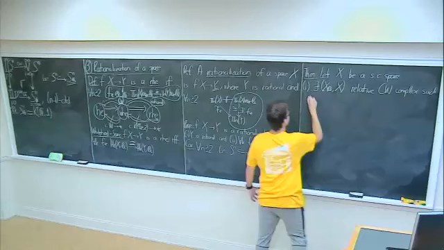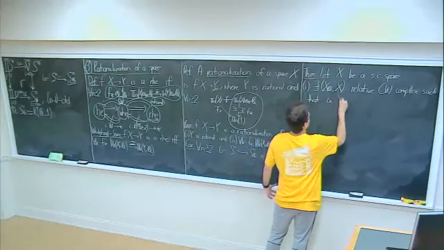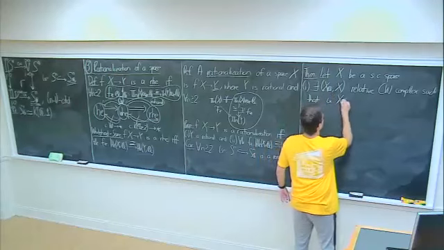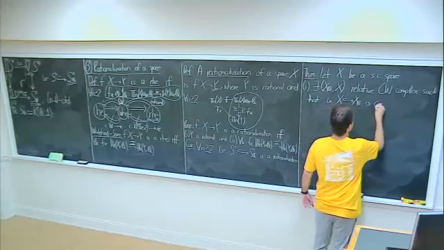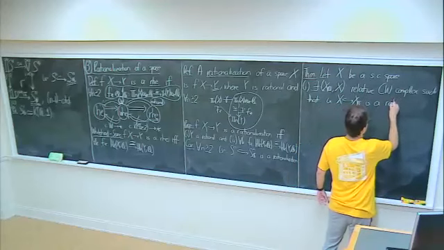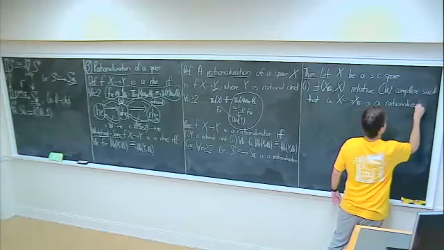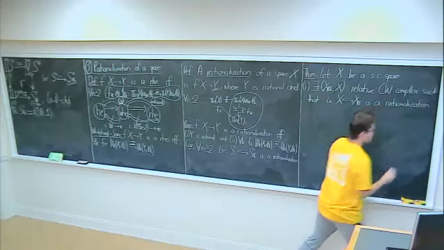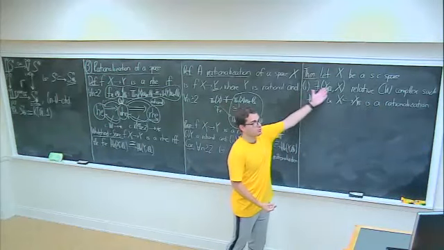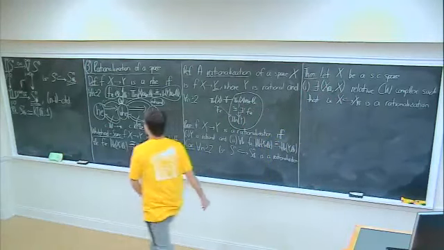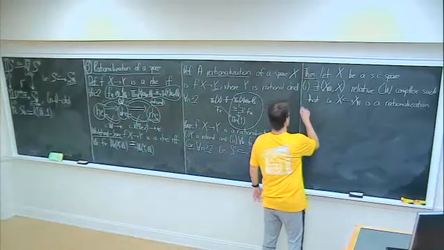Actually, not just that, such that the inclusion of the space into this bigger space is a rationalization. And this subsumes what I said, that the larger space is rational. So this is an existence result. You can always stick a smaller simply connected space to a larger one by means of a relative CW complex, an example of which is that thing over there. So this generalizes very much.